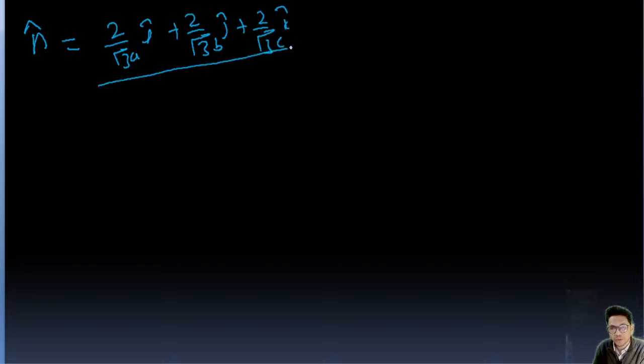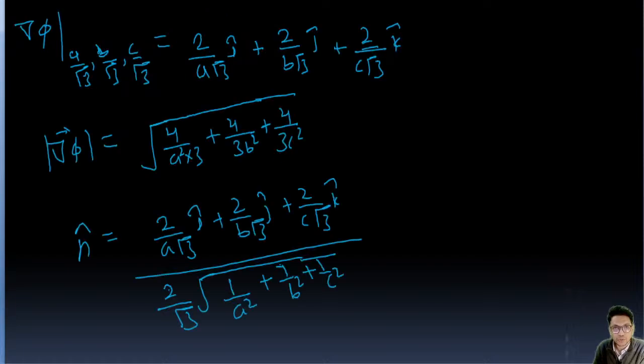you can write as 2 upon root 3 a i cap plus 2 upon root 3 b j cap plus 2 upon root 3 c k cap upon, we have taken 2 root 3 common, right, and this is going to be, we'll take LCM, a square b square c square.